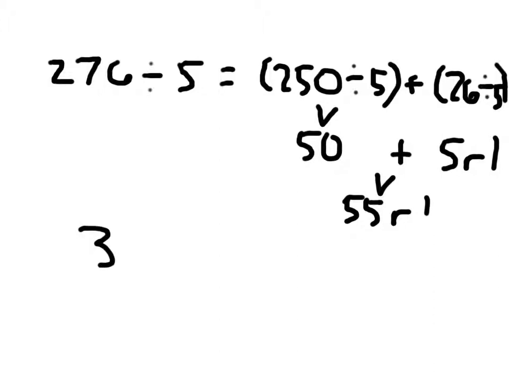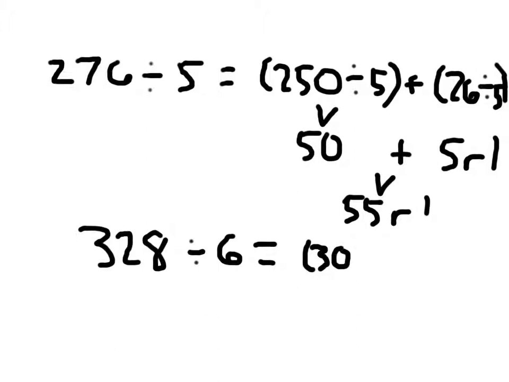Again, if you see something within the number that you can break apart, and you're looking at it going, okay, that's very easy to work with, then go ahead and do it. So if you look at 328 divided by 6, we might say, okay, we know we have 300. 300 divided by 6 is 50.